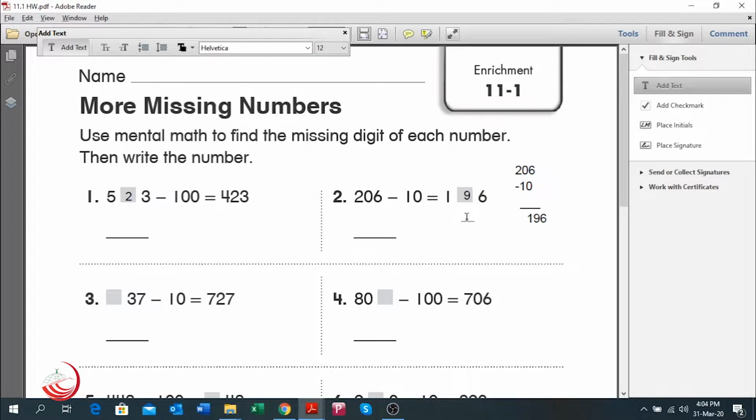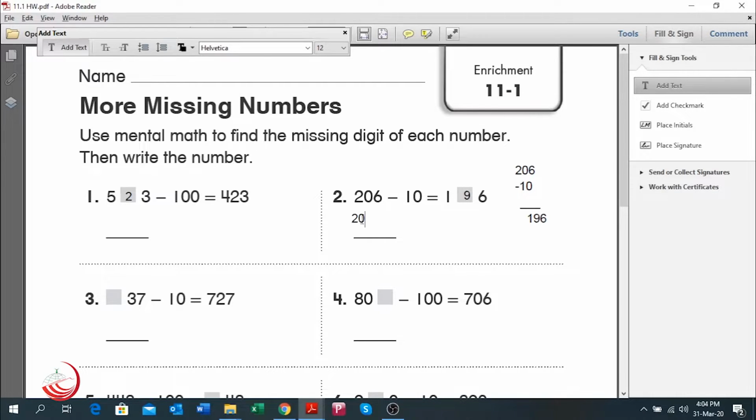We can do it in a different way. You can draw the blocks. How many tens in 206? Let's just say we have 20 tens and 6 ones. Let's forget about the 6 ones for now and talk about the tens.